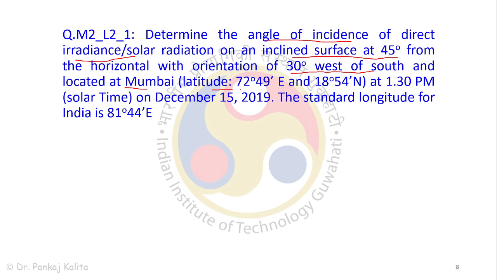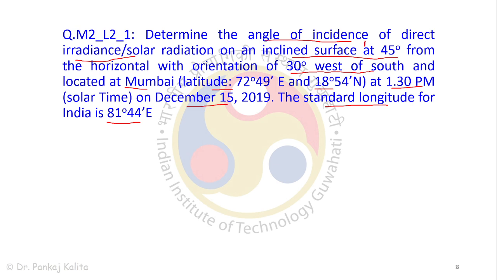The latitude is given, longitude is given, time is given, date is given, and the standard longitude for India is also given. Right. So as soon as you see the question, you need to quickly identify what parameters have been given.